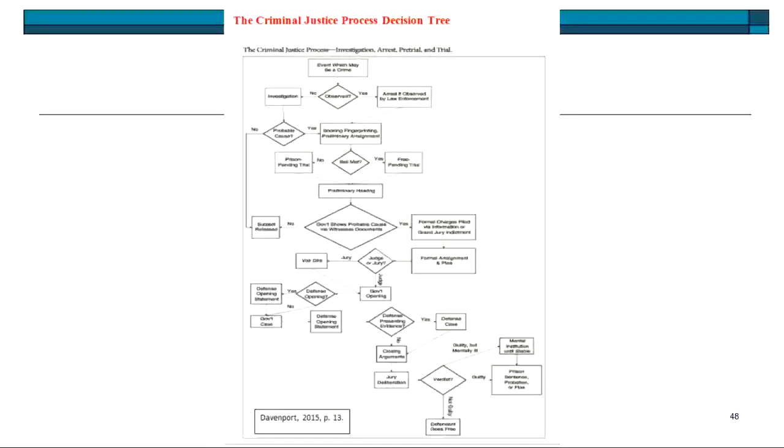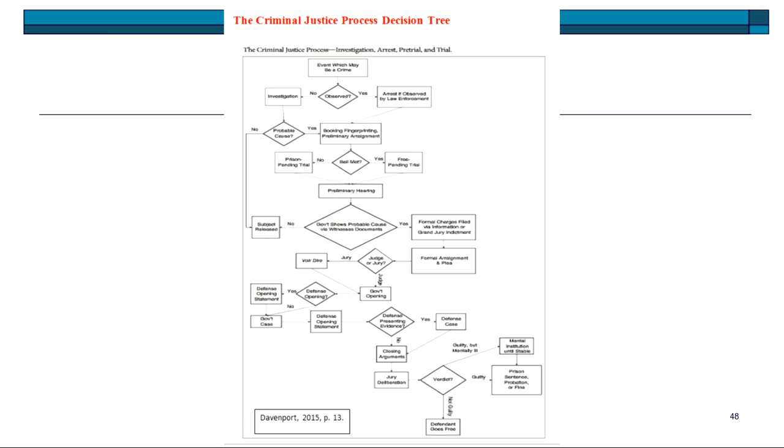This is maybe a little hard to follow at first, and I'm not going to go through the whole thing, but it's a decision tree. It takes you through the process by which a case is started with an arrest because the police observed the crime, or they didn't observe the crime.